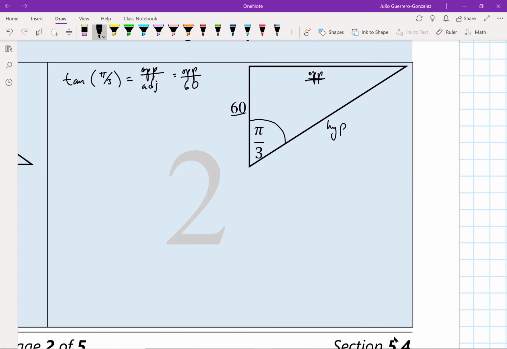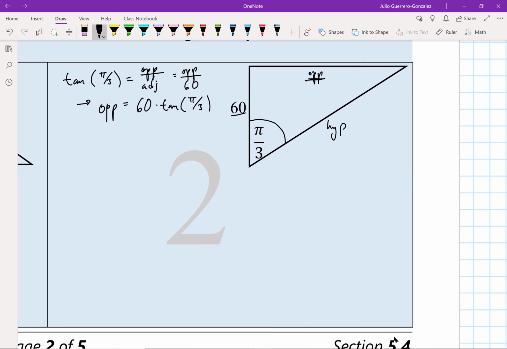So, if we do our arithmetic right, the opposite is going to be equal to 60 times tangent of pi over 3. So for the tangent of pi over 3, we go to pi over 3 on the unit circle.